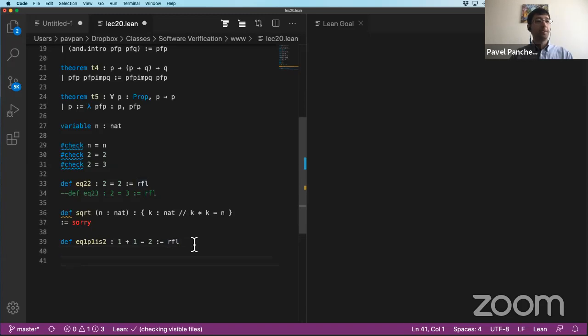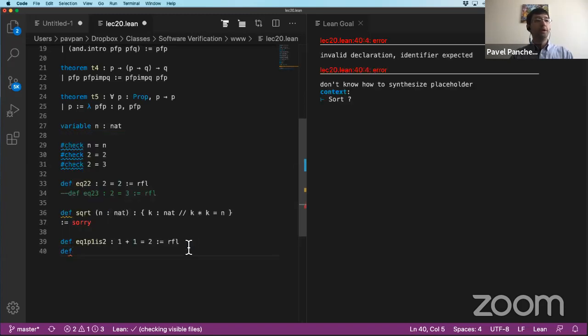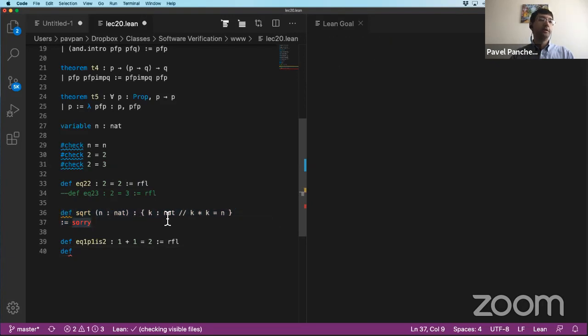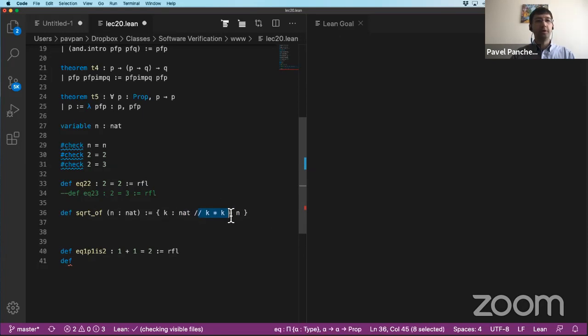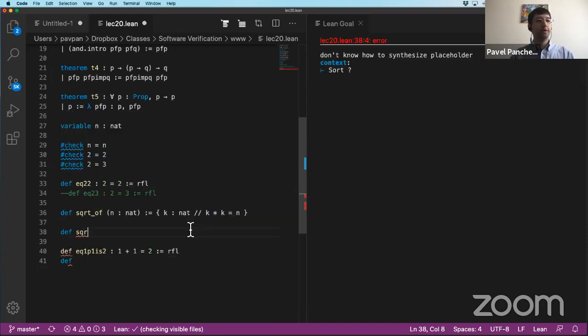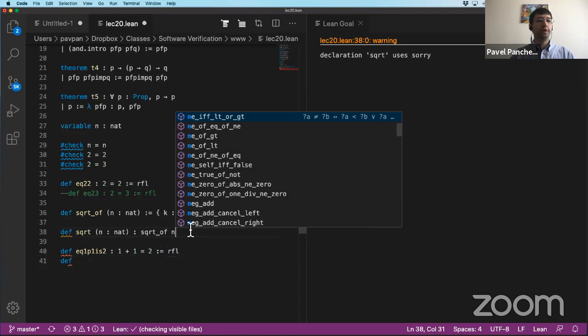And in fact, we can even use this with this square root technique. So let me do a little bit of refactoring. I'm going to say that the square root of n is some natural number whose square is n, and the square root itself will be a function from n to square root of n.